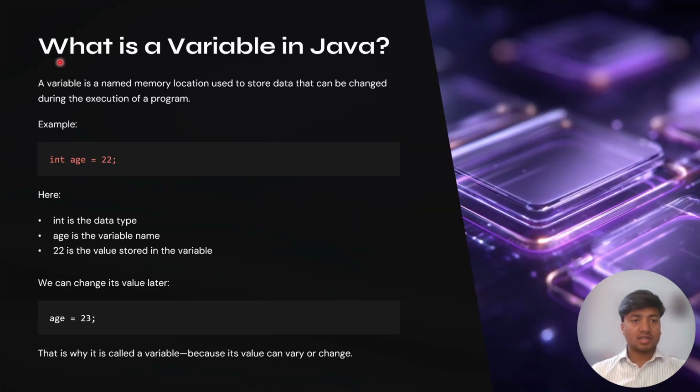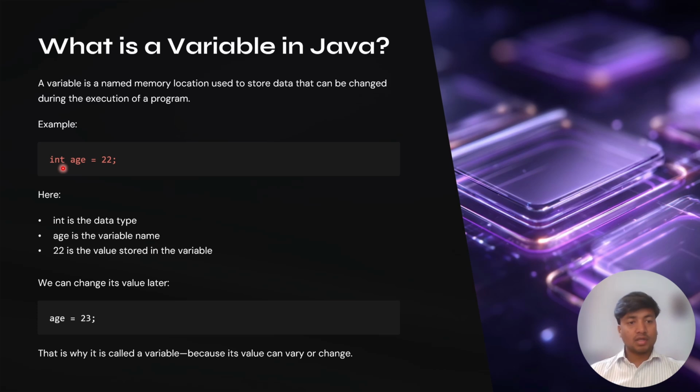This next slide is about what a variable is in Java. A variable is a named memory location used to store data that can be changed during the execution of the program. Here we see one example: int age = 22.